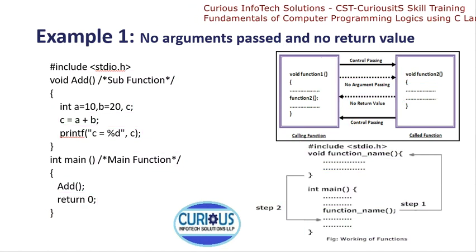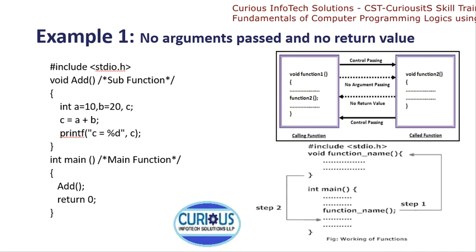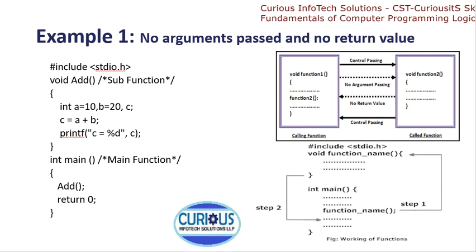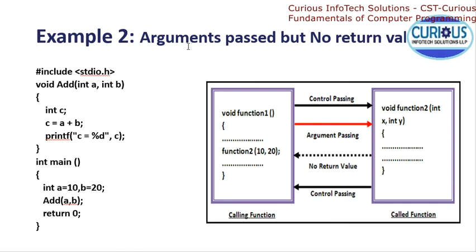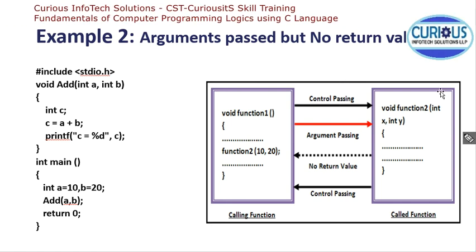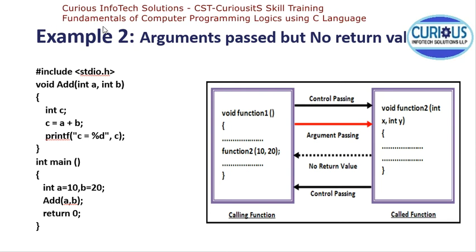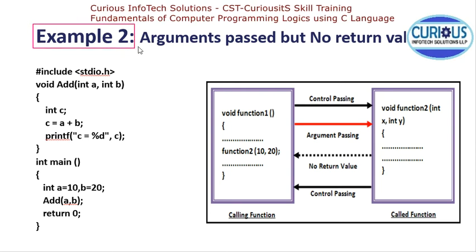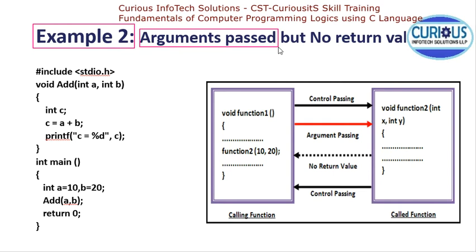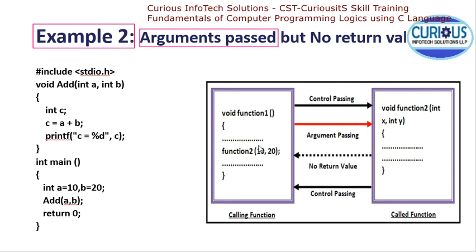Now we will see example 2, that is category 2, in which you have some argument, but you do not want to return a value. So this is category 2, in which an argument is there. Where is the argument? See, this is the argument.